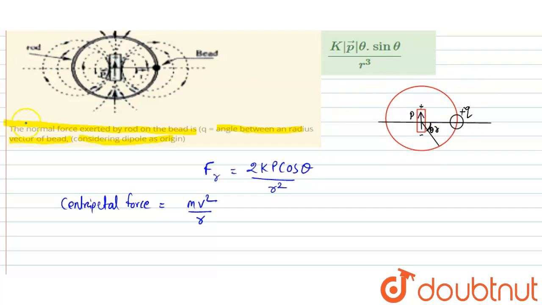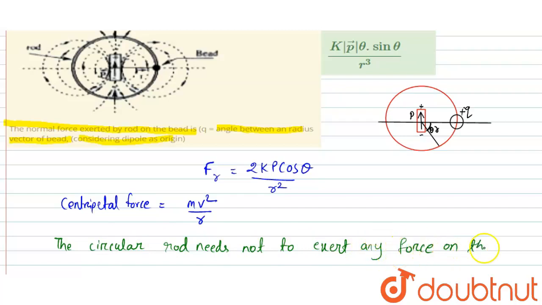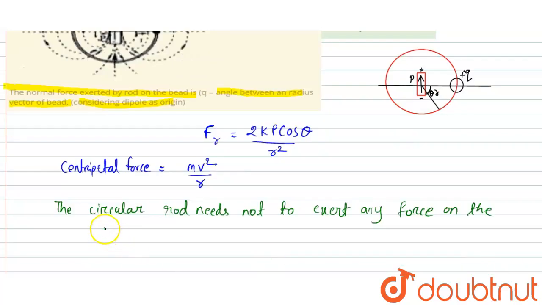So you can say that the circular rod needs not to exert any force on the bead to sustain the circular motion of the bead.